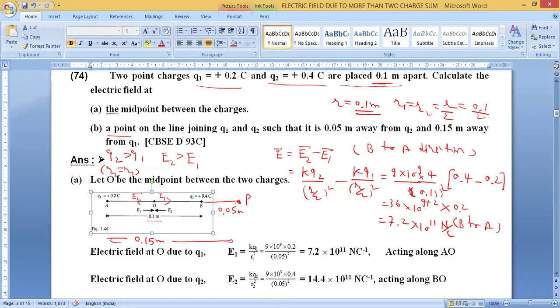Both positive, they are E1 in this direction and E2 also in this direction.